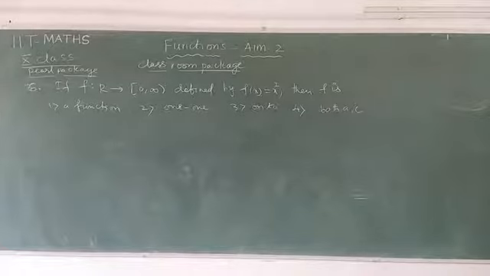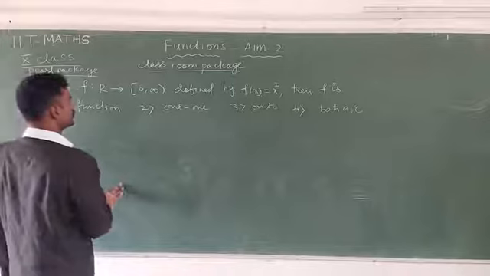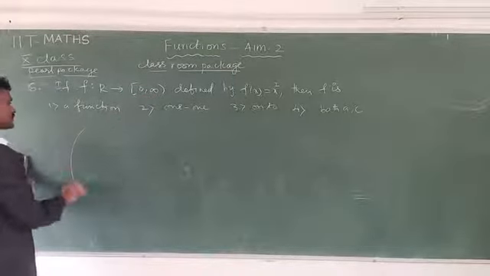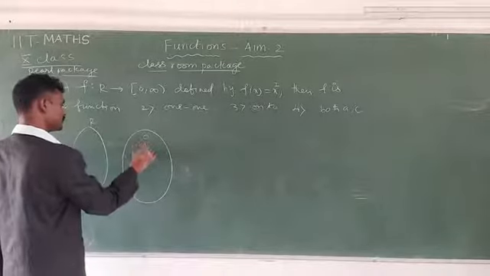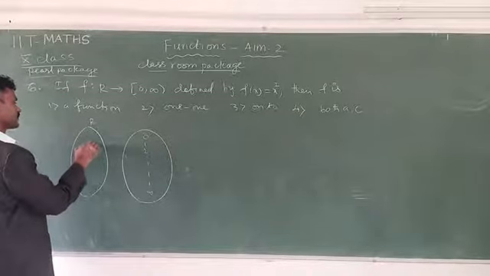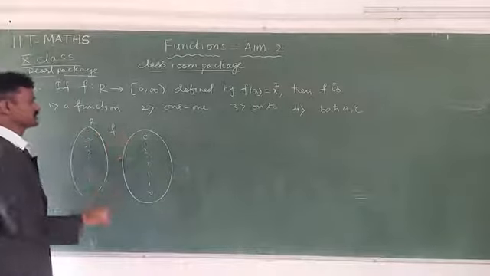Next, sixth one, if f is a mapping from R to the closed interval 0 to infinity. See here, this is R and this is 0 to 1, 2, 3 and so on up to plus infinity, and this is 0, minus 1, minus 2, minus 3, 1, 2, 3. This is the function f.